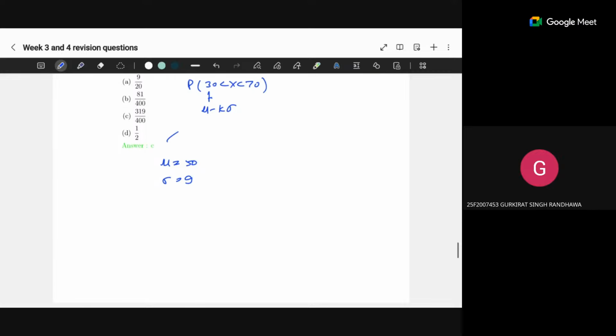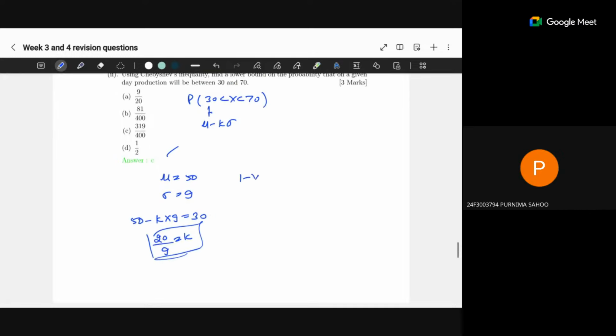So 50 minus K into 9 is equal to 30, so K is 20 by 9. Then 1 minus 1 by K squared is 1 minus 81 by 400, which is 319 upon 400.